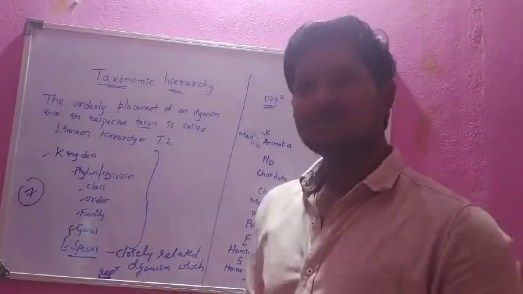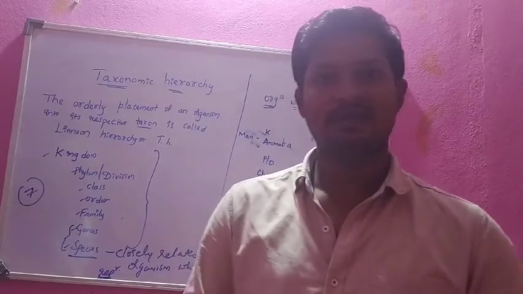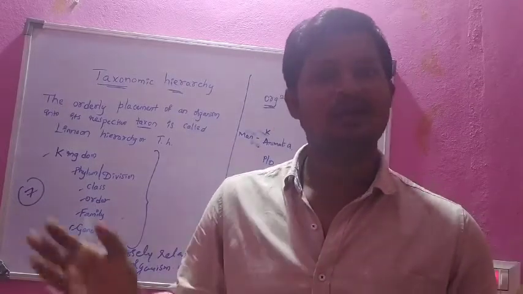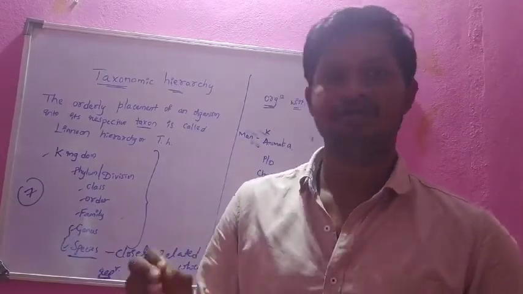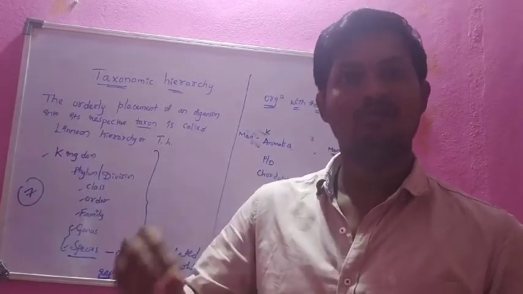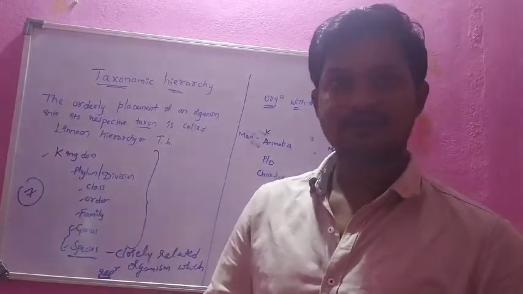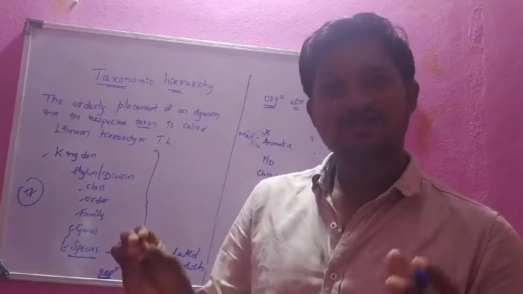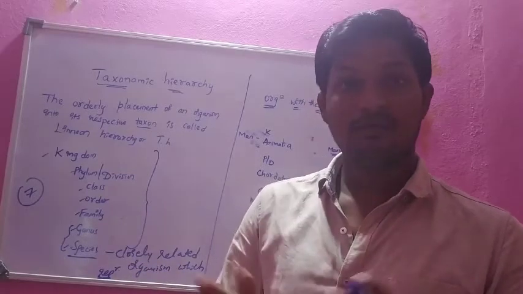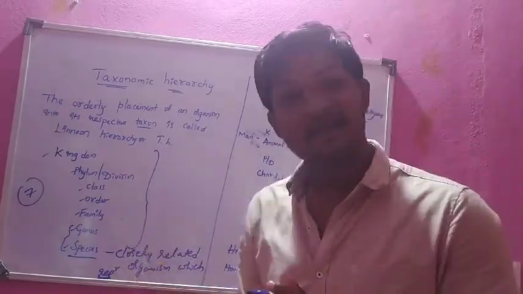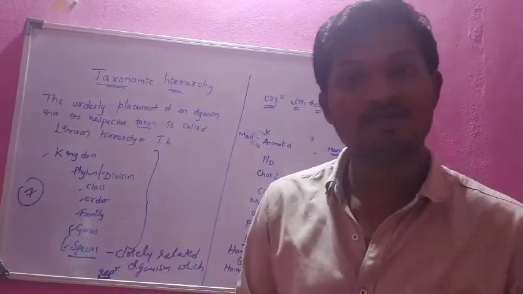If you see human beings, they are different. Some have short hair, some long hair, some are black, some are white. They are somewhat physically different, but they are all closely related organisms, called human beings only.